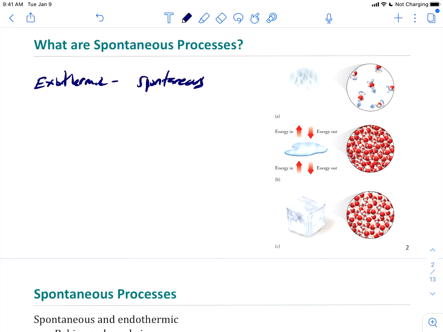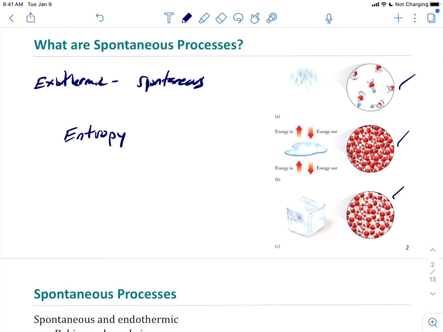Well, when you think about solid, liquid, gas like we see here, you think about randomness and disorder, available positions, available places for distribution of energy. That's really what this idea of entropy is in this chapter.